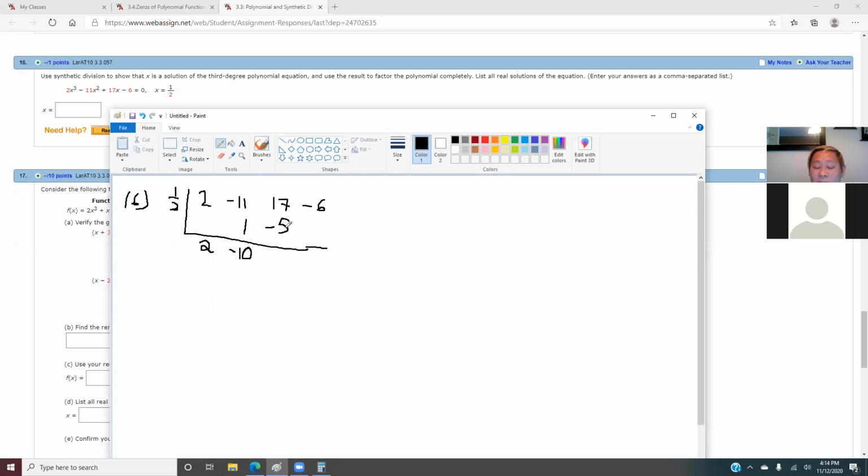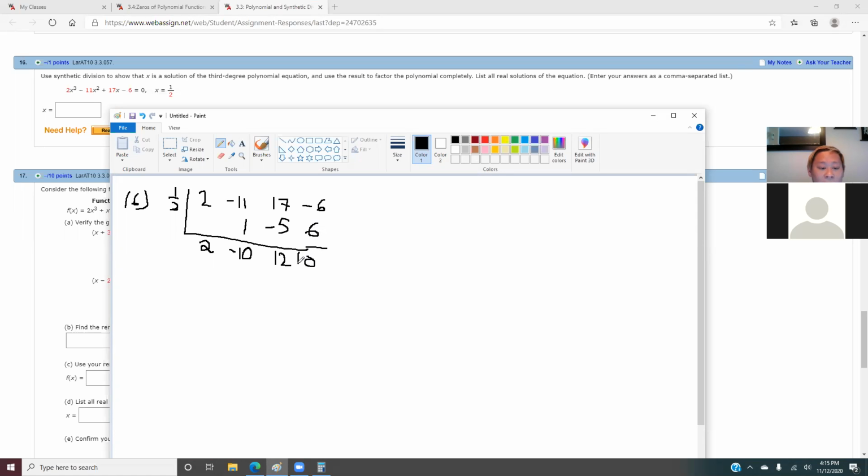And add 17, what do you get? You add these two up. 12. Multiply it again with 0.5. 6. And add these together. 0.